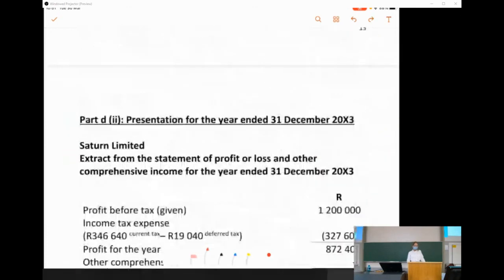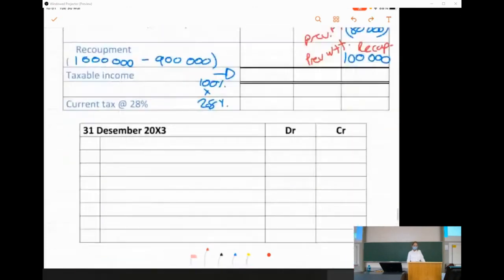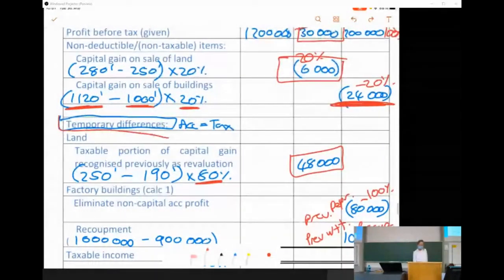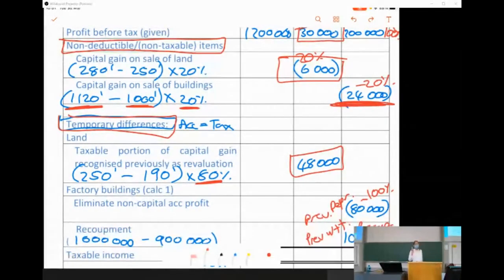So if you look at your current tax calc, the fact that we break it up between our temporary differences and our non-temporary differences makes it easier for us to do our reconciliation, because we just have a look at which items are not temporary differences, and these items will affect our tax rate reconciliation.